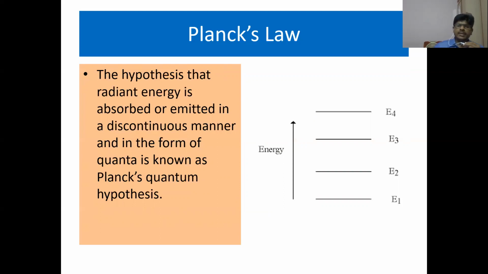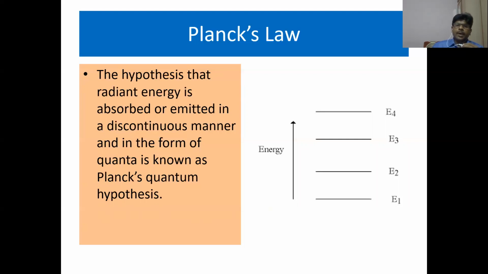If you want to understand this with respect to an atom, when radiations fall on an atom, the electrons will absorb energy and go to different higher energy states. So from the ground state, they may go to different levels like E2 or E3 or E4. It depends upon the amount of energy they absorb.